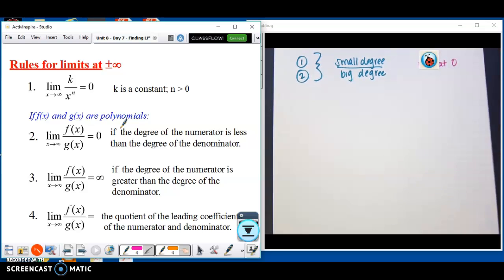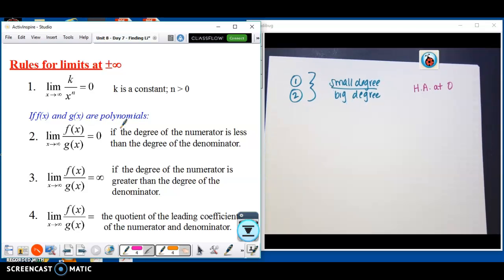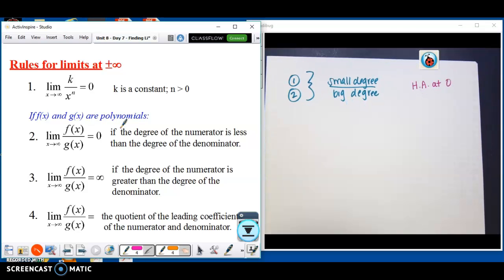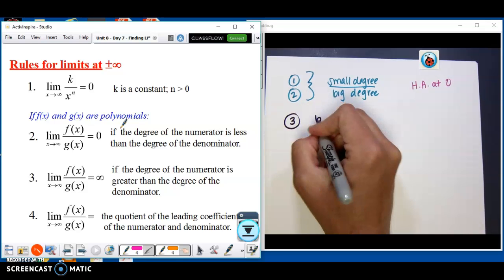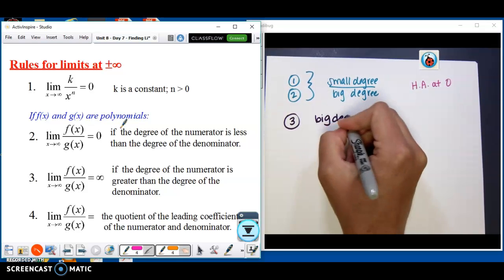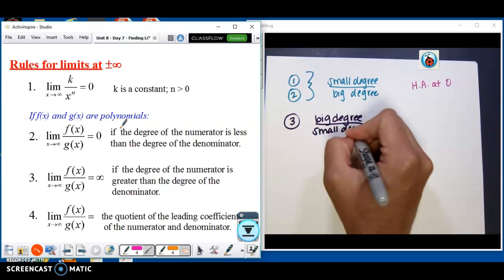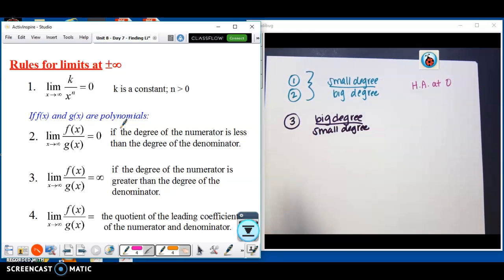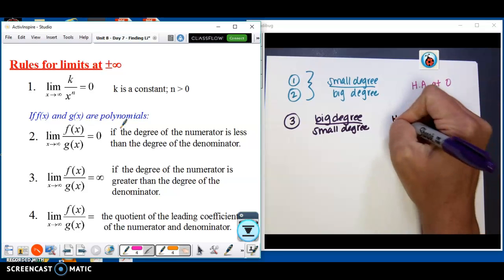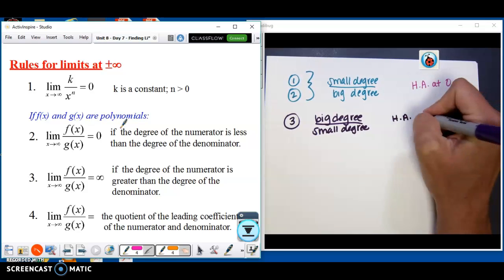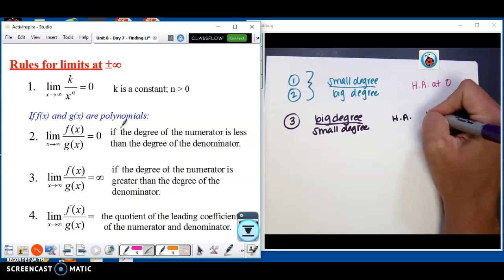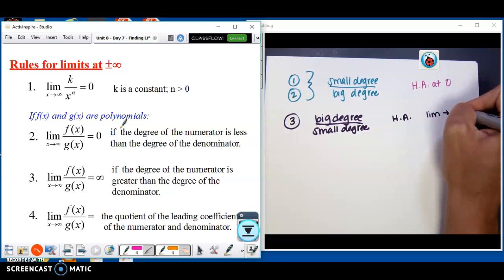The third one says if the degree of the numerator is greater than the denominator, so big degree over small degree. Then the horizontal asymptote doesn't exist, but for our limit, we're going to say the limit approaches infinity.